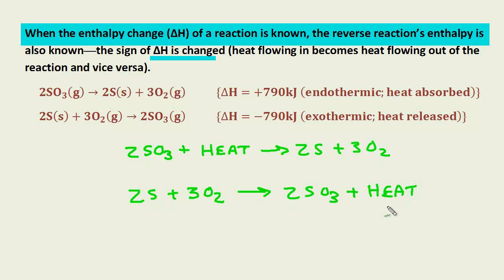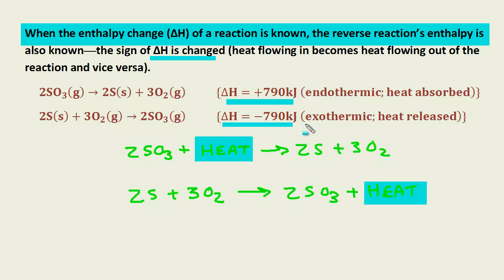And by definition, since heat is on the right, it is negative. Since heat is on the left here, it is positive, and it can be expressed with actual values here, which are joules. So even though I express heat positive here, it could be represented with a negative 790 kilojoules, and on the left, it would be the opposite value.